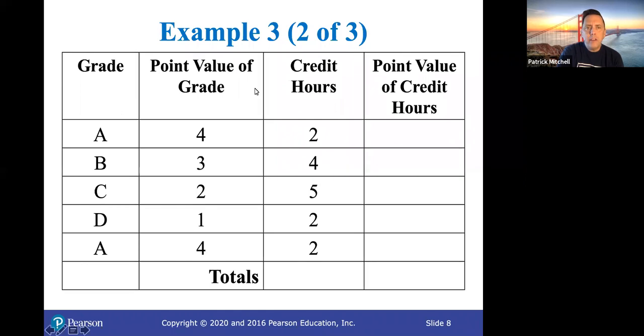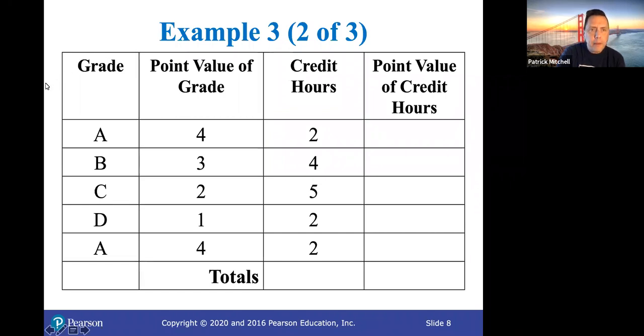So what we're going to do is next to each grade, we're going to write down its point value. And then we're going to factor in the credit hours, which is the number of units for that class. The way that you find the point value for each class is by multiplying the point value of the grade by the number of units.